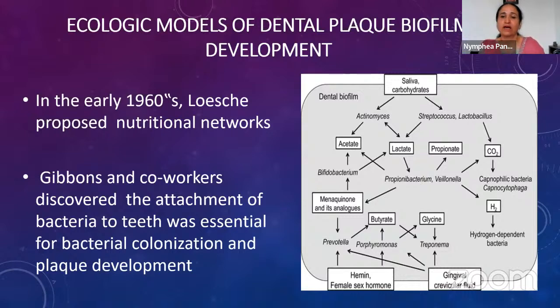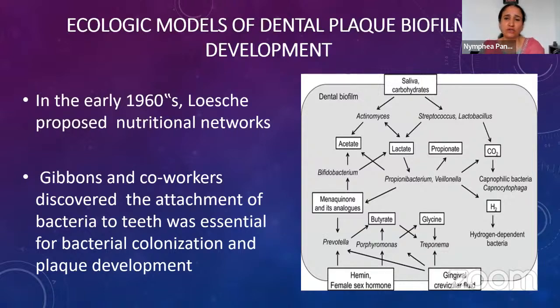And they also found that most of the organisms involved in the breakdown of tissues were proteolytic, the bacteria which had proteolytic enzymes. For example, Porphyromonas uses heme as a growth factor, or Prevotella uses sex hormones as a growth factor.